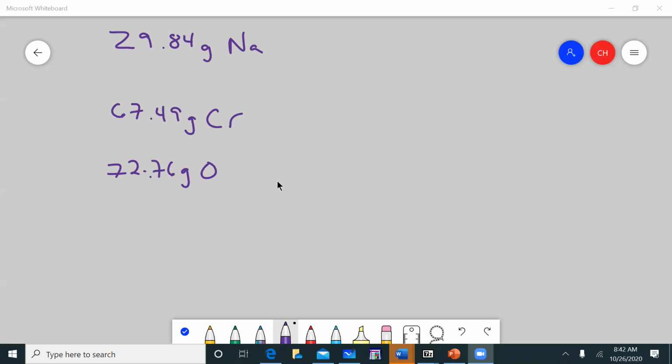Okay, so working with, oh, comment here. When you're putting the mass for the compound, how many decimal places do you use? Lyric, you use as many as you can. I would say at least 2.